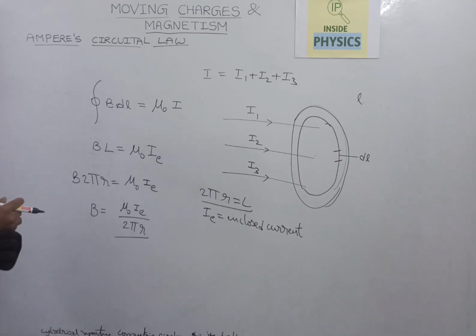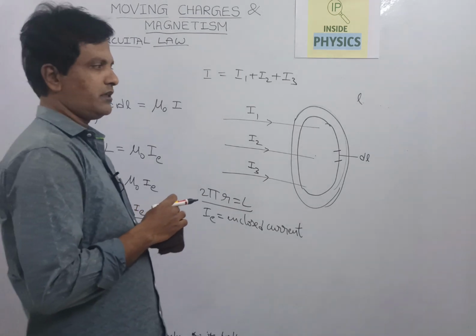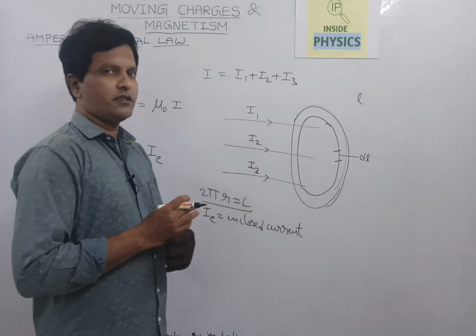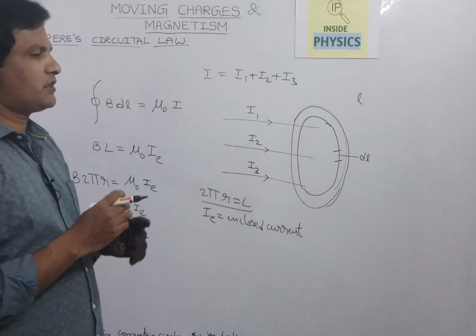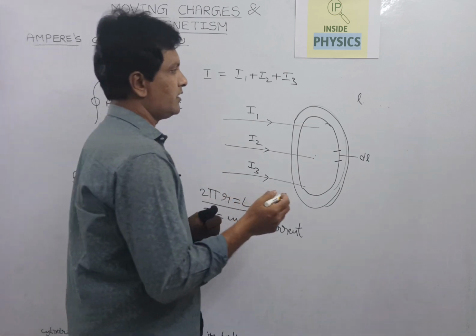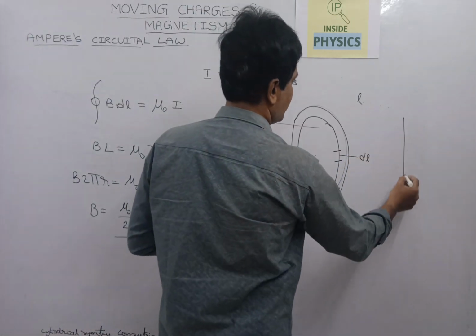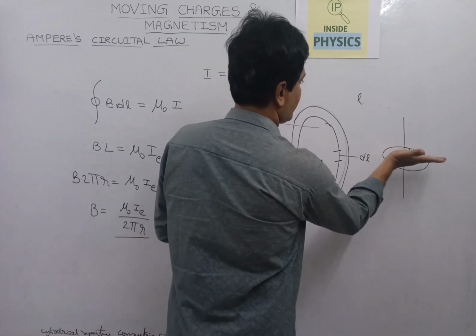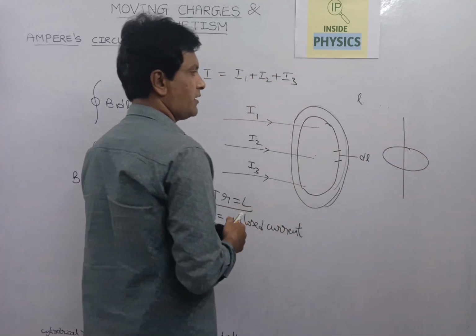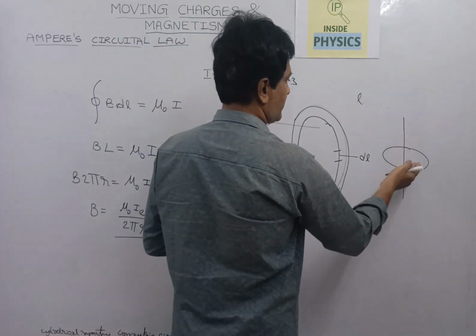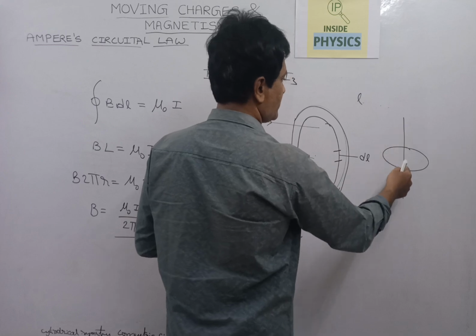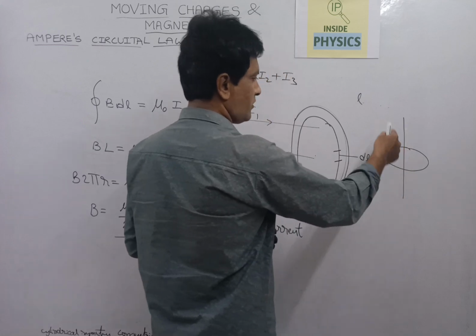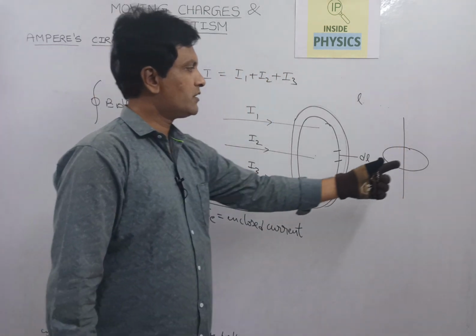So what is the direction of the magnetic field on the boundary? We know that around the conductor the magnetic field will be in concentric circles. In the beginning also we have seen, when we take a conductor, the field will be perpendicular to the plane of the conductor, and this conductor will be passing through the center of the circle.